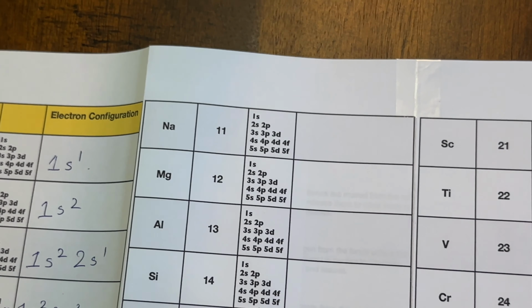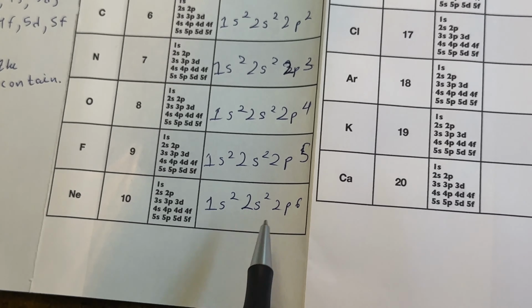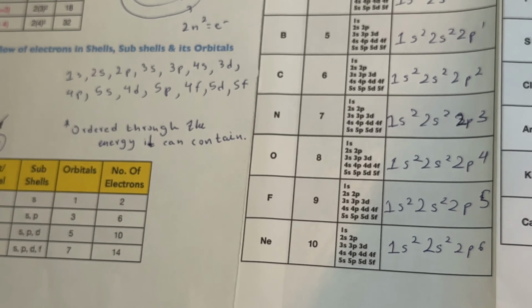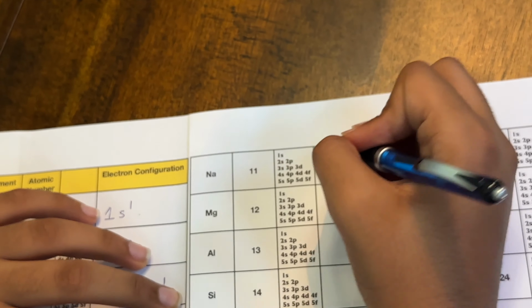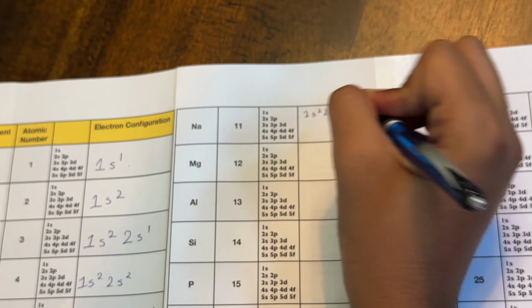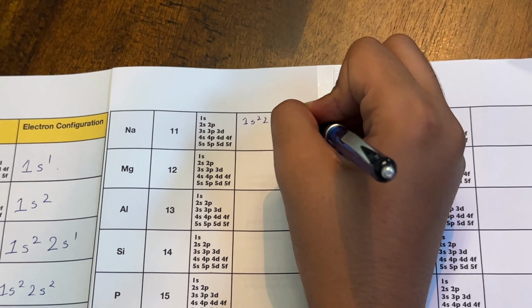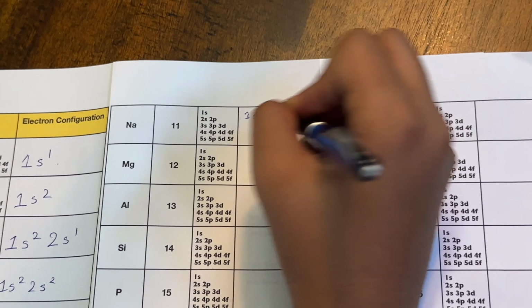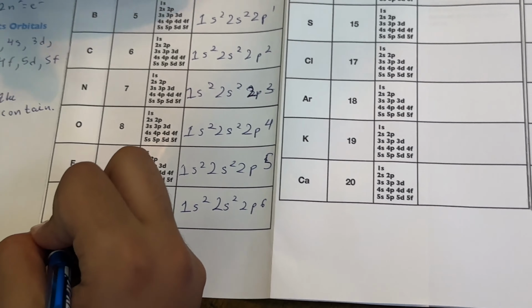So let's move to something like 11, okay? So 11 is sodium, and basically neon includes this. But you know what sodium has? Sodium is basically this plus 3s to the power of 1. So instead of writing 1s squared, 2s squared, 2p6, and then 3s1, this entire thing can be substituted for neon over here.